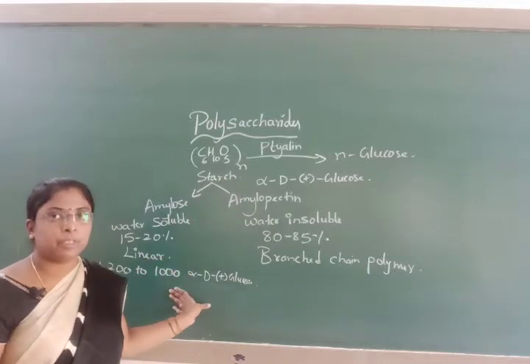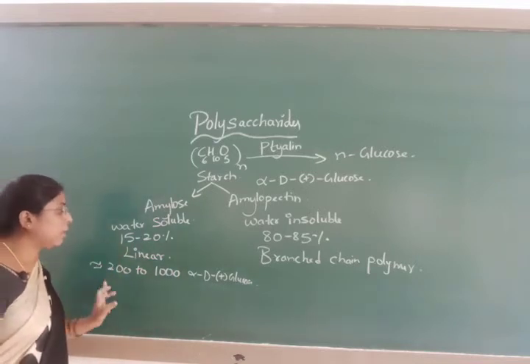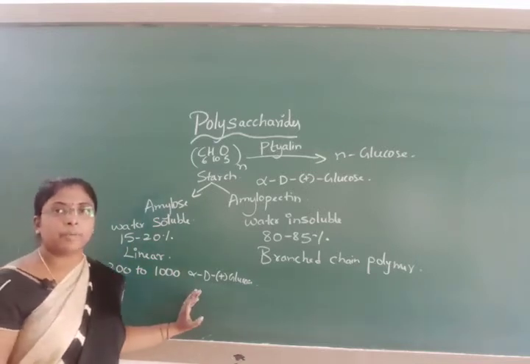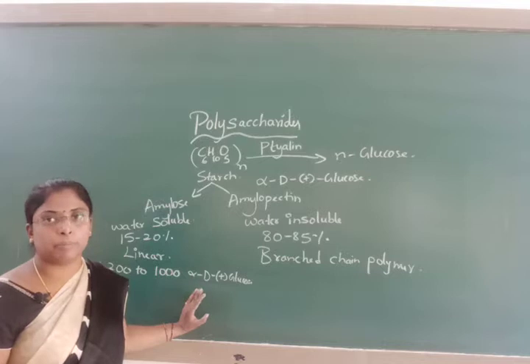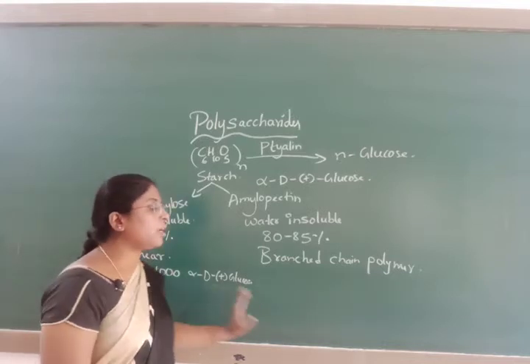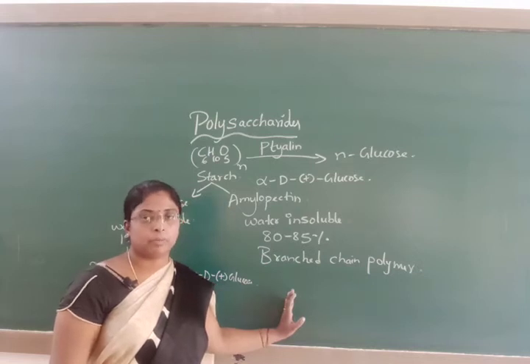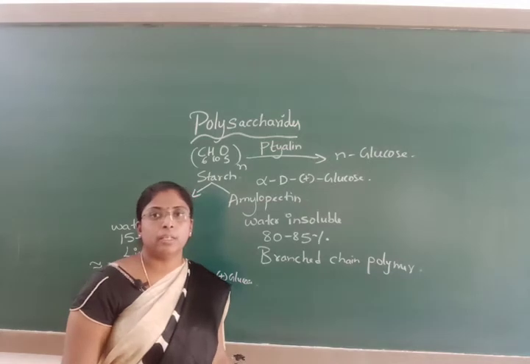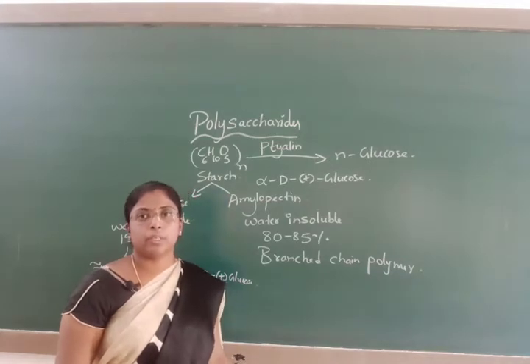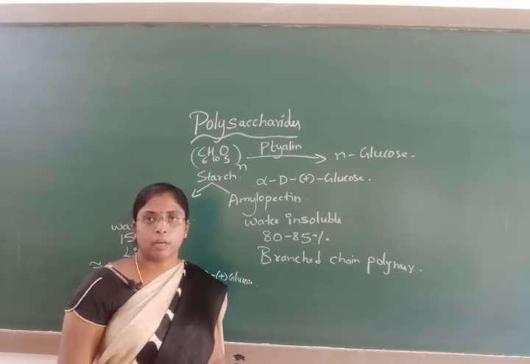If we write the structure for this amylose, the alpha D plus glucose units are joined together by C1 C4 linkages and they form a linear chain polymer. Whereas for the amylopectin, for about 20 to 30 alpha glucose units are joined linearly. After 20 to 30 glucose units, the branching takes place.